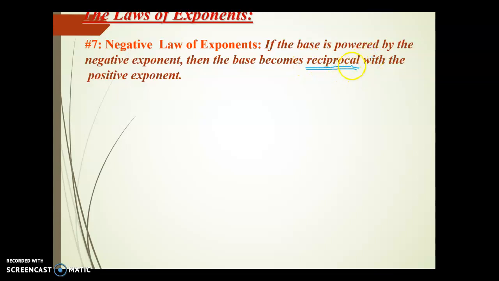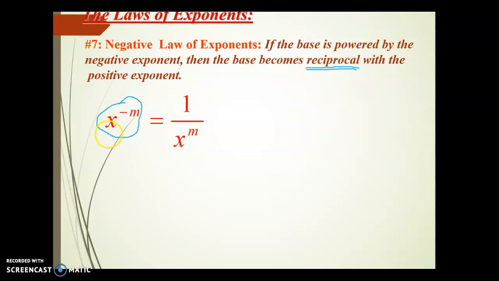You people encountered this one before with the positive exponent. So what does it mean? Basically, if a base is raised to a negative exponent, then your goal is to make it positive. By how? Putting it to the opposite side of the fraction, or reciprocal.